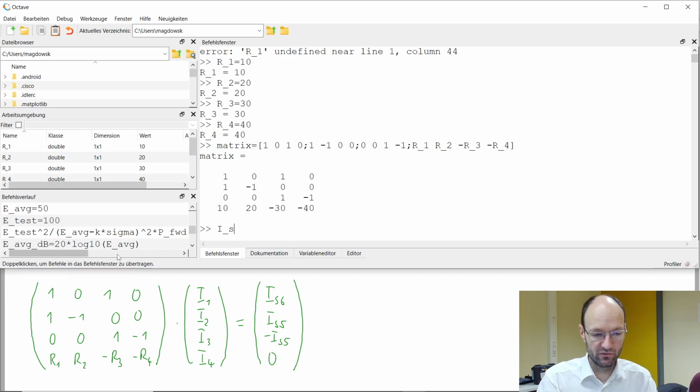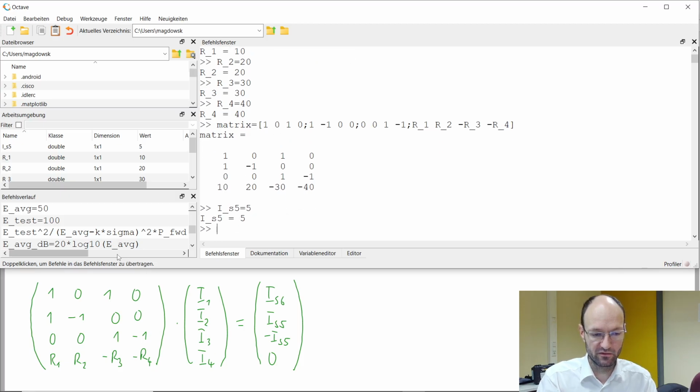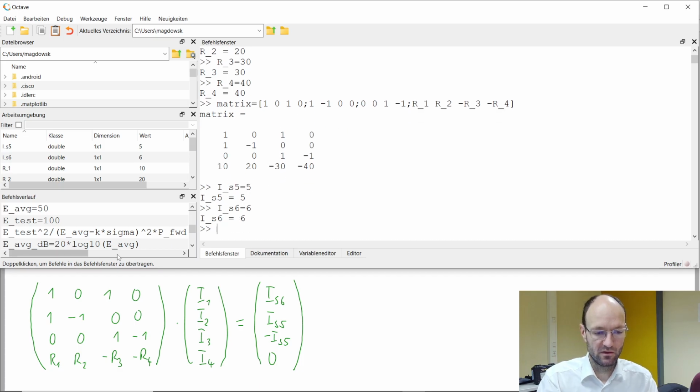So then we need to have the sources. So IS5 is 5 ampere, IS6 is 6 ampere. And we need to put them into this source vector. And so there we have IS6, IS5, minus IS5 and a last 0.